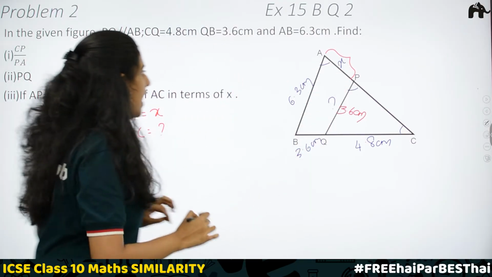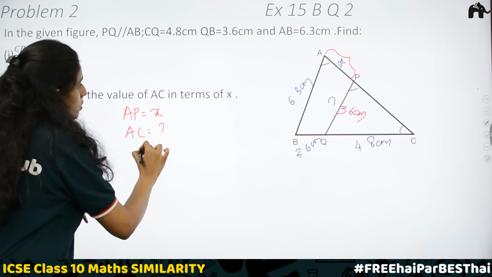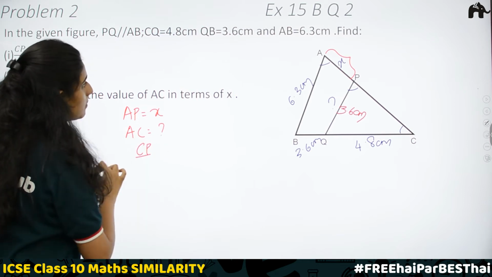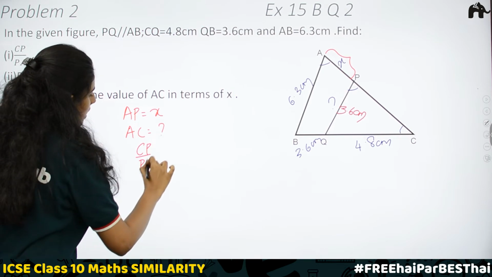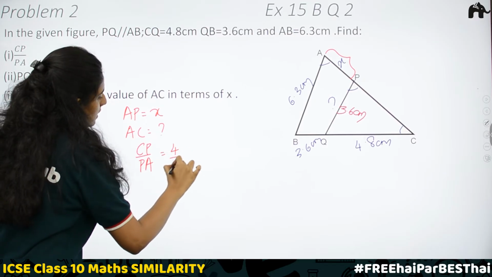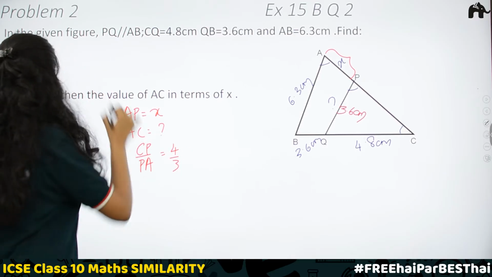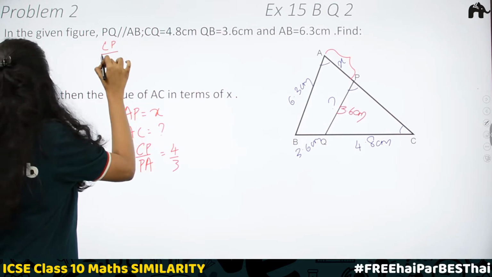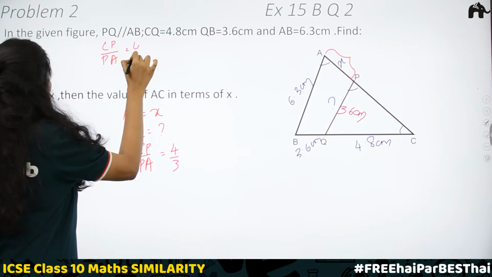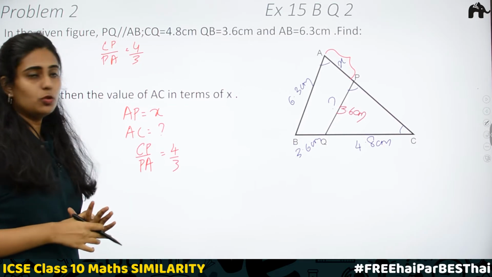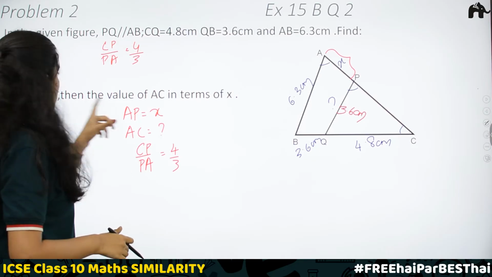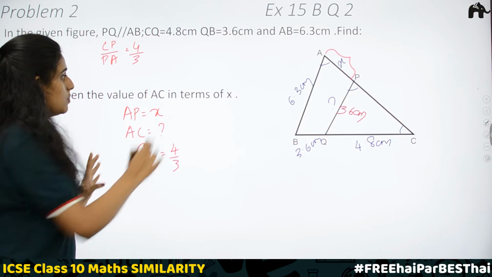We have the ratio CP by PA is equal to 4 by 3, which we have determined in the first part. First part we got CP by PA is equal to 4 by 3. Using this I am going to find what AC is in terms of X.